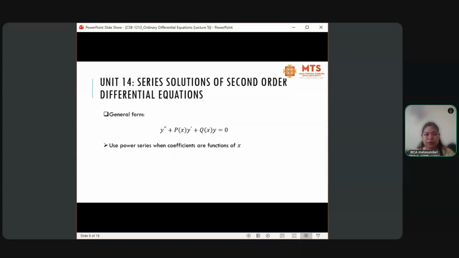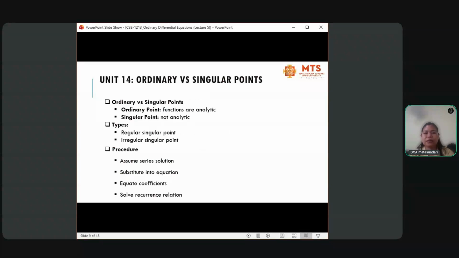Unit 14. Moving to Unit 14, series solution of second order differential equations. The general form will be written as y double dash plus p(x) y dash plus q(x) y equal to 0. Use power series when the coefficients are functions of x. Next, ordinary versus singular point.